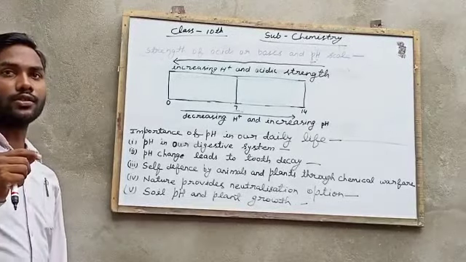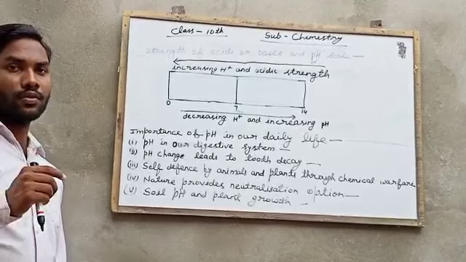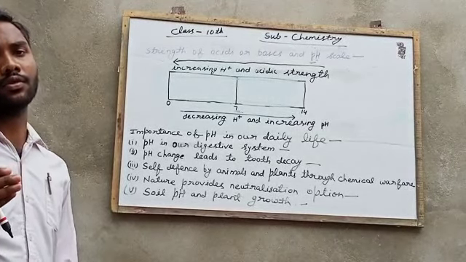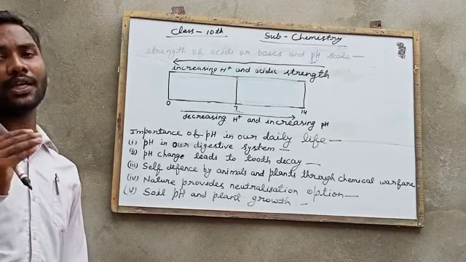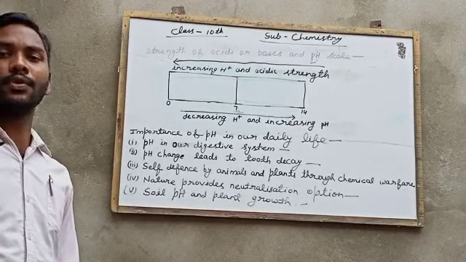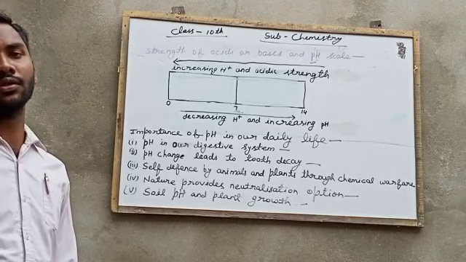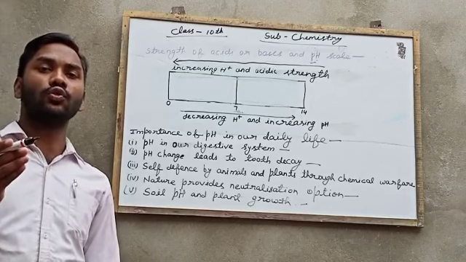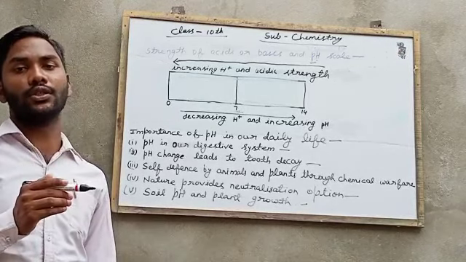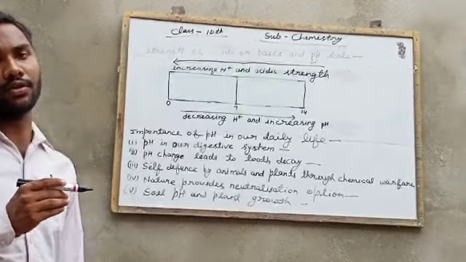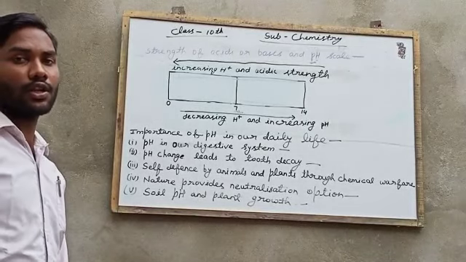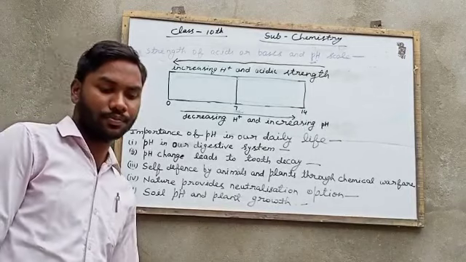When they sting us, it causes pain in the sting area. This is due to the formic acid present in the stinging hair of the nettle plant. The cure is to rub the leaves of the dock plant on the affected area. The dock plant contains basic material which neutralizes the formic acid.